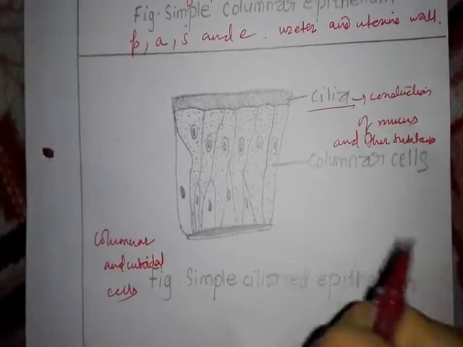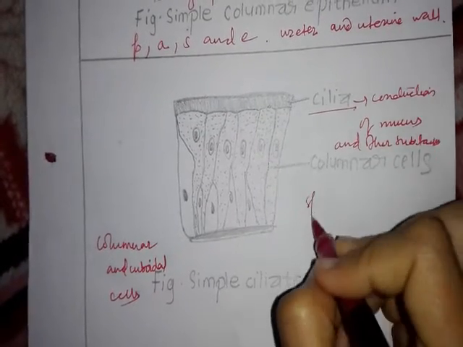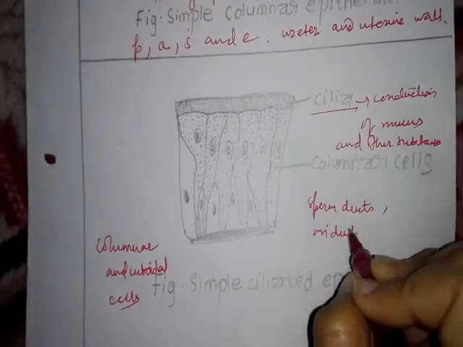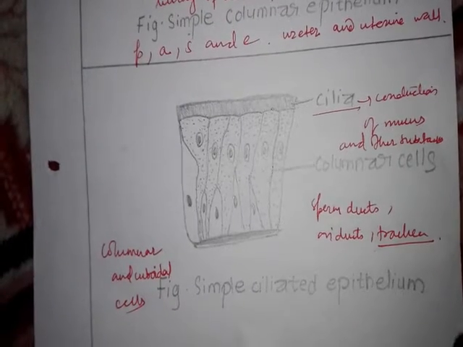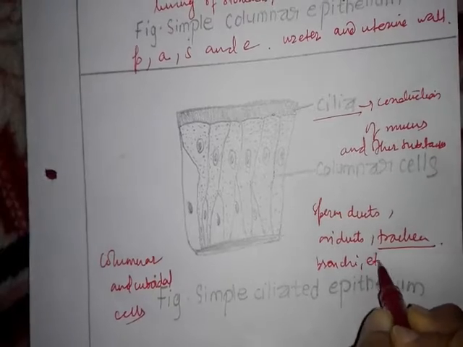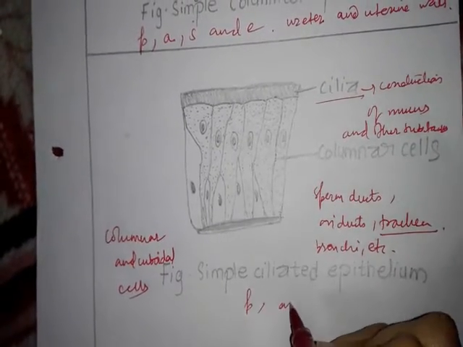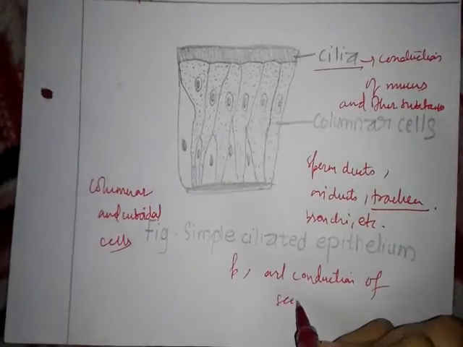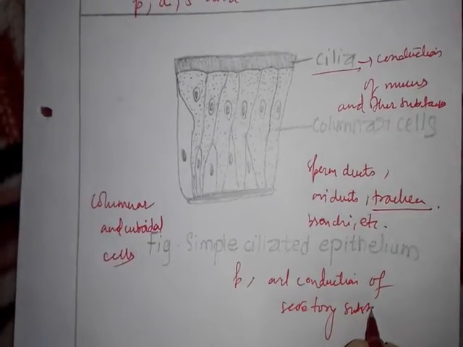It forms the lining of neck of uriniferous tubules, sperm ducts, oviducts, trachea. The main one easy to memorize is trachea. Likewise, bronchi, etc. The main function of this tissue is protection and conduction of secretory substances.